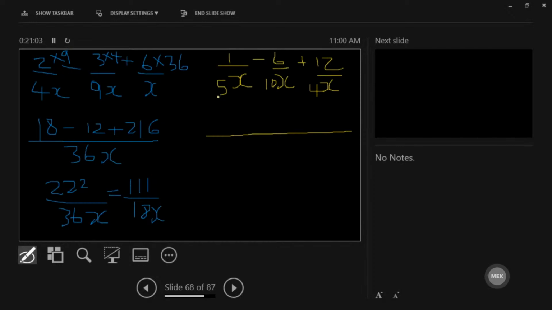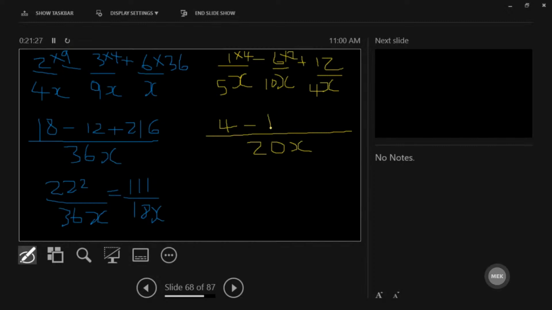All right, so the LCM of 5x, 10x, and 4x will be 20x. 5x into 20x goes 4 times. 1 times 4 is 4. 10x into 20x goes 2 times.